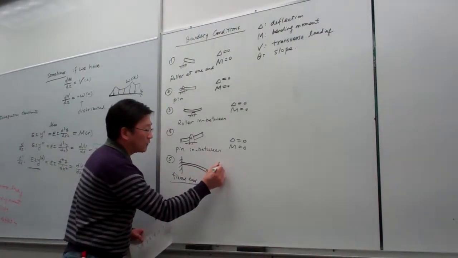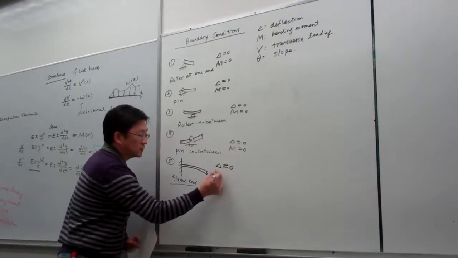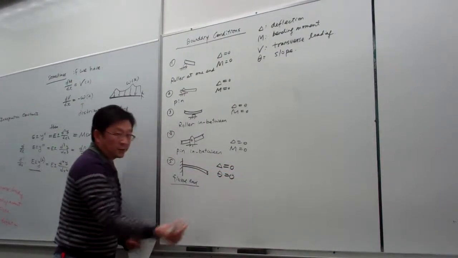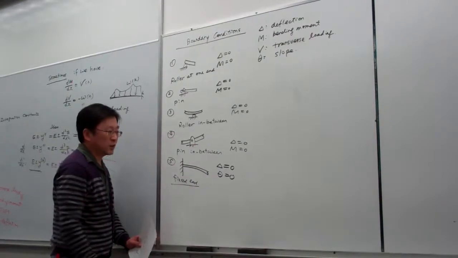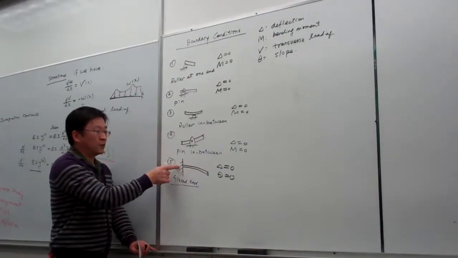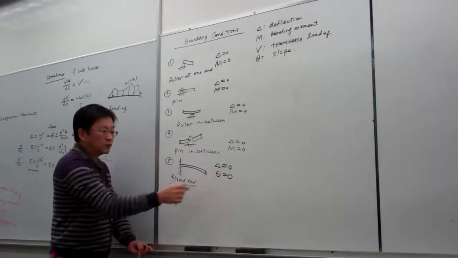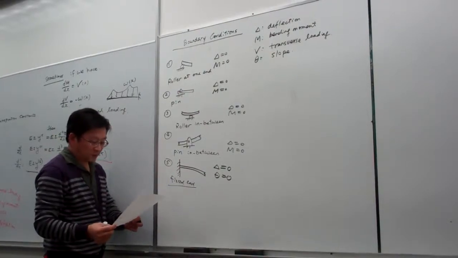So here at this end, at the support, there is no deflection, and theta equals 0. The slope won't change. And at the constraint, it will induce a moment, which means the moment won't be equal to 0, and so on.